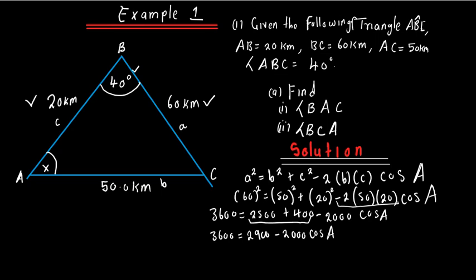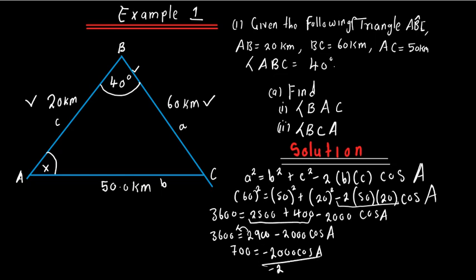We can take this side to its like term. So it's going to be 3,600 minus 2,900. And of course, we are going to get 700 equal to negative 2,000 cosine A.